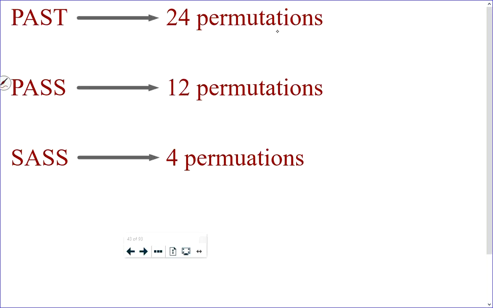Divide by 3 factorial. You divide by the factorial. So, I mean, 2 factorial is 2. But if we take 24 divided by 2 factorial, you get 12. And if you take 24 divided by 3 factorial, you get 4. 3 factorial, 6. So this is the rule.